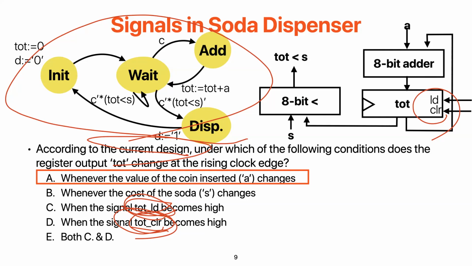Well, this is just a simplified case, right? We just use a simple case to explain the idea of the high-level state machine. If you want to make this overly complicated, there's no answer here. Oh no, I'm just saying I don't like answer A because that condition doesn't necessarily mean that the total will change.